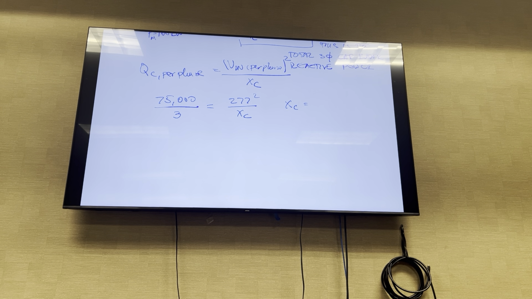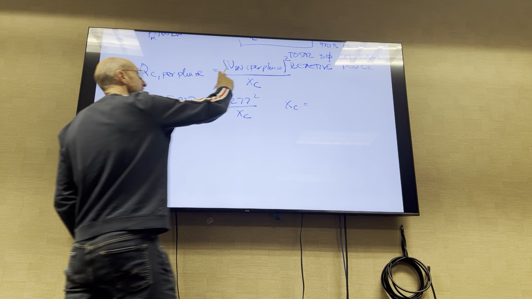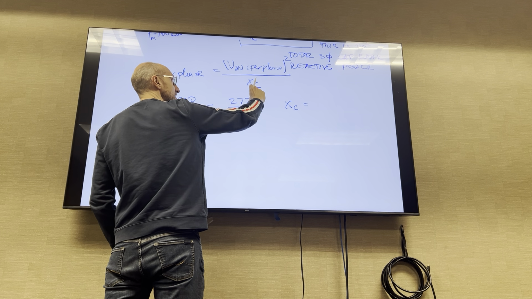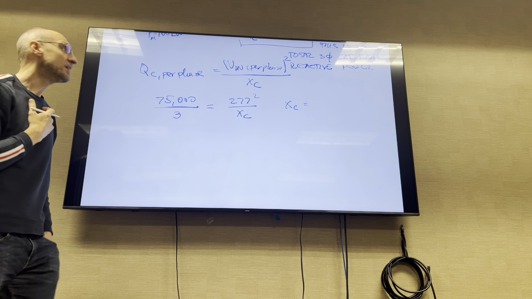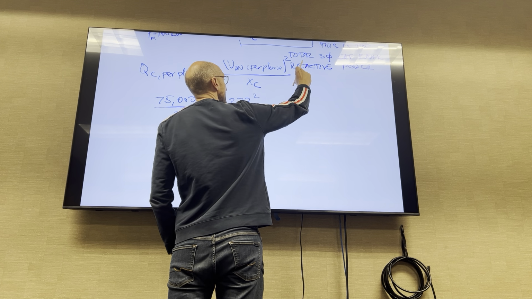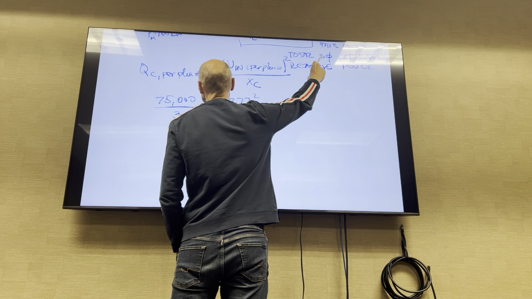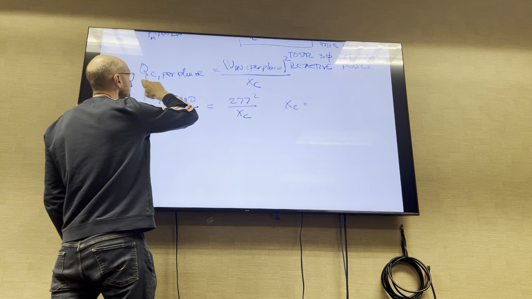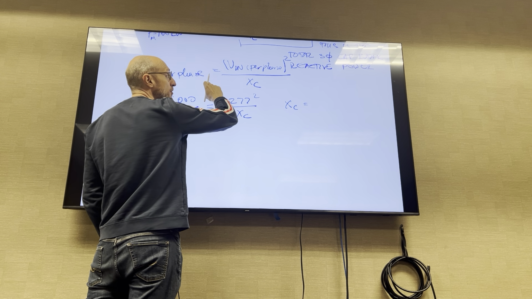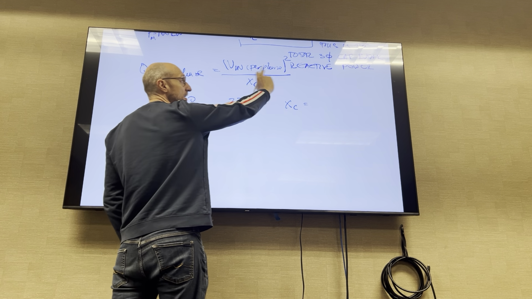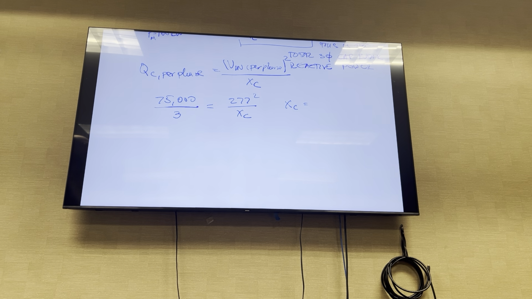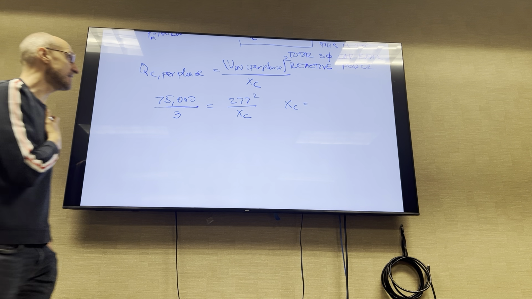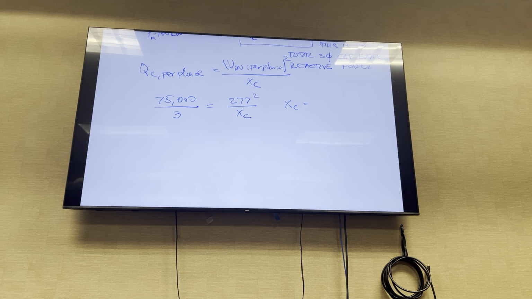So where we use the conjugate was when we had V in divided by XC, that was our current, multiplied by V in complex conjugate, that would give me S. Oh, okay. In this case, I'm only looking at the Q component, but even in that case, we can derive that very quickly.